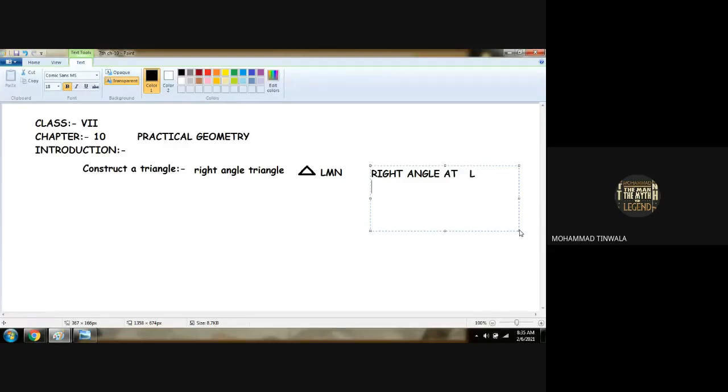Then what is next? Angle M. Then MN is 3 centimeter. Line segment MN is 3 centimeter.